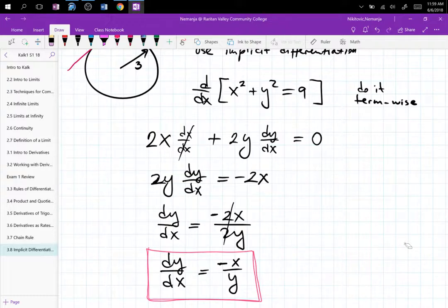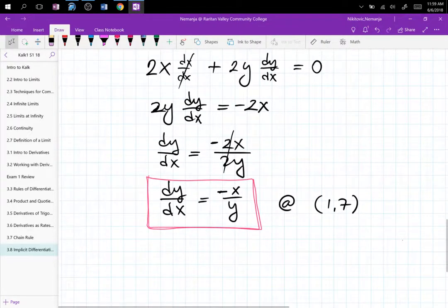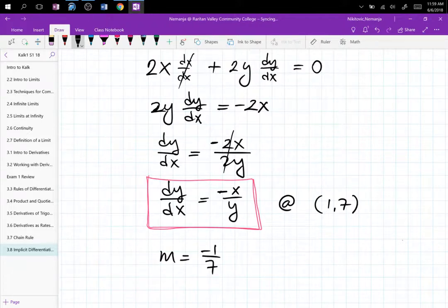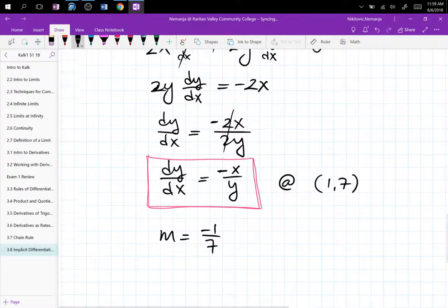Now, if I give you a point, 1, 7, you will plug in 1 and 7, and you get a slope of negative 1 over 7. So let's say at the point (1, 7), I can calculate the slope as negative 1 over 7, because I plugged in x equals 1, y equals 7.